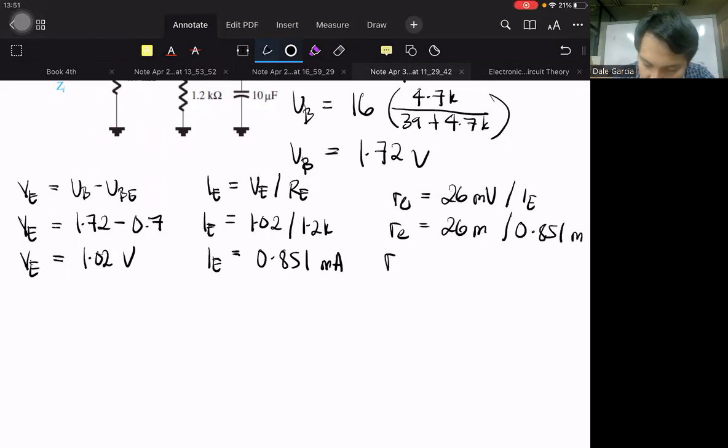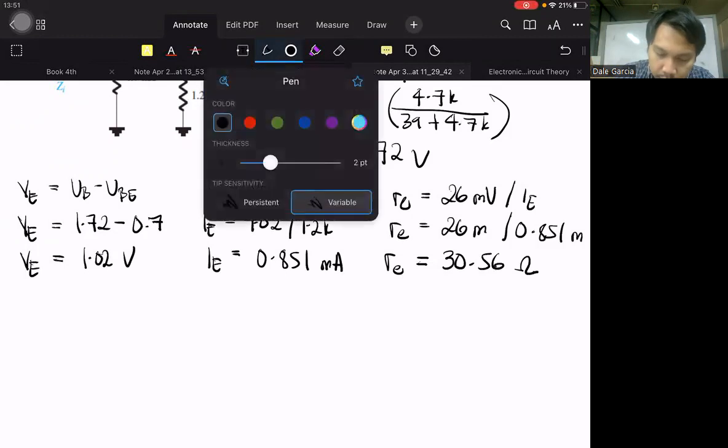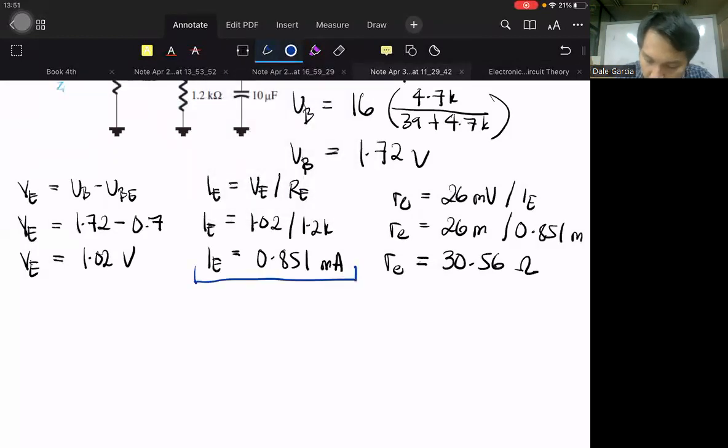The millis will cancel, so 26 divided by 0.851 is about 30.56 ohms.